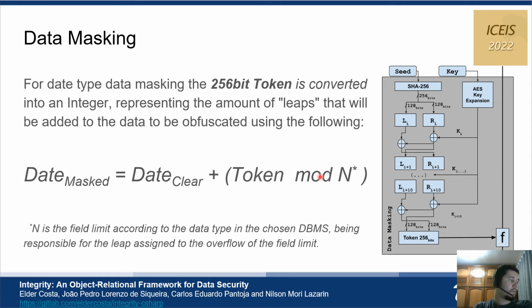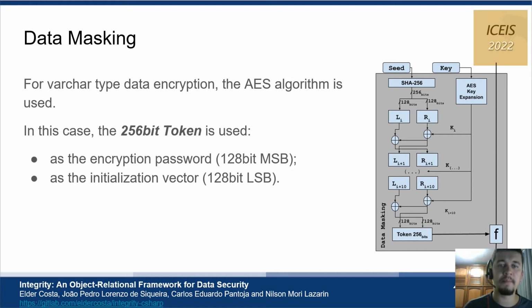It is responsible for the leap assigned to the overflow of the field limit. For varchar type data encryption, the AES algorithm is used. In this case, the 256-bit token is used as the encryption password using the 128 most significant bits, and as the initialization vector using the 128 least significant bits.